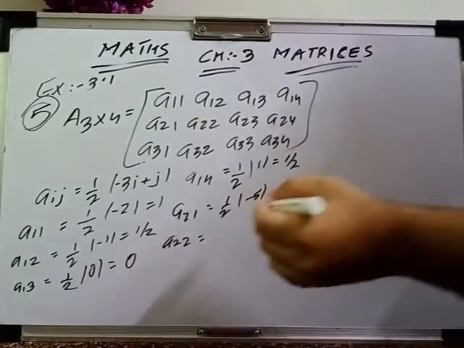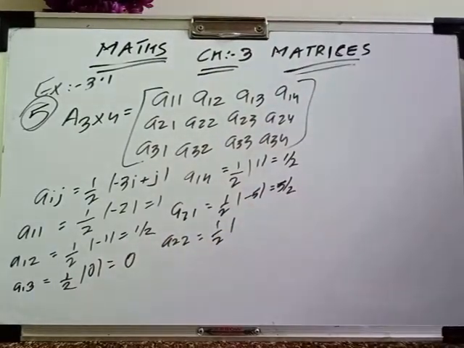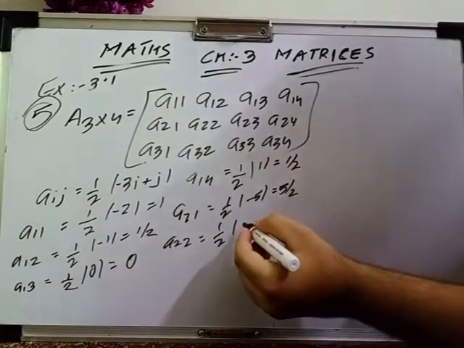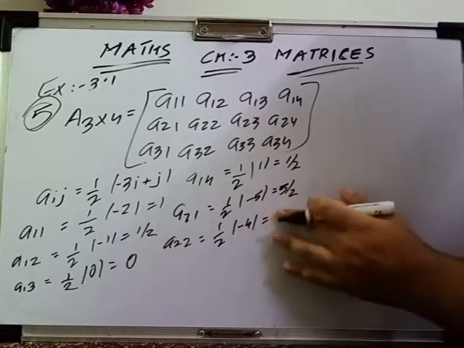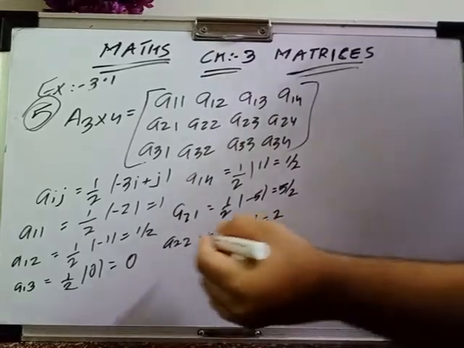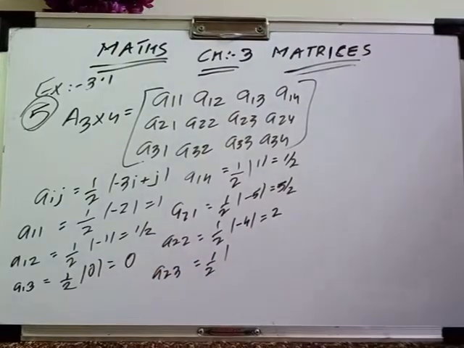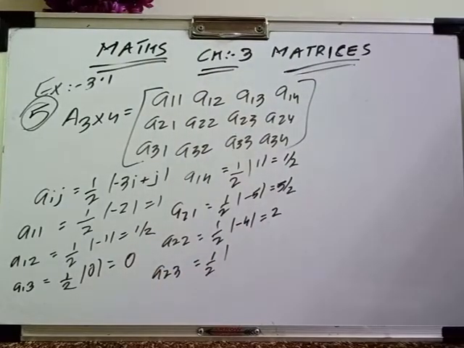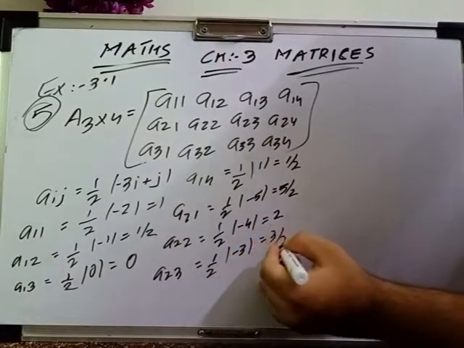A22 will give me minus 6 plus 2, right? A23 will give me minus 6 plus 3, minus 3 will give me 3 by 2.